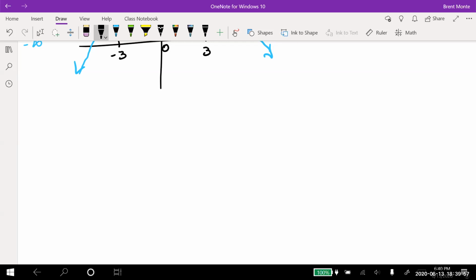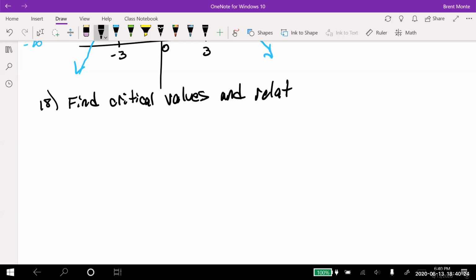The question says, for each function, find any critical values and any relative extrema. Okay, so this is problem 18. We'll write this down for this first one. Find critical values and relative extrema.